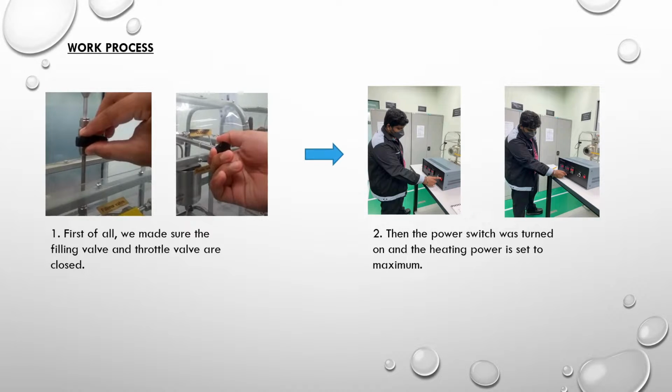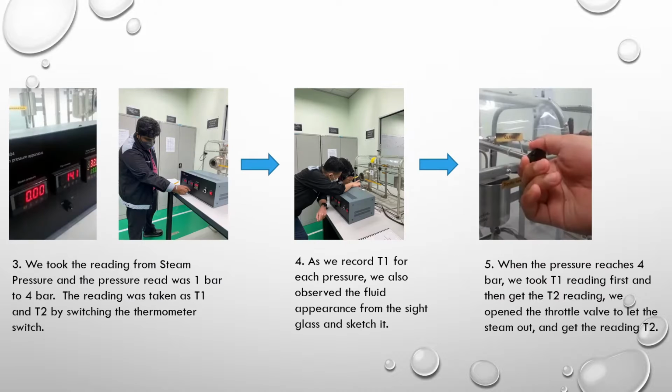Next, for the work process, first of all, we make sure that the filling valve and throttle valve are really closed. Make sure it closes tightly. Next, we power on the switch and then set the heating power to the maximum. Next, we took the reading from steam pressure, and the pressure read was 1 bar to 4 bar. The readings were taken as T1 and T2 by switching the thermometer switch.